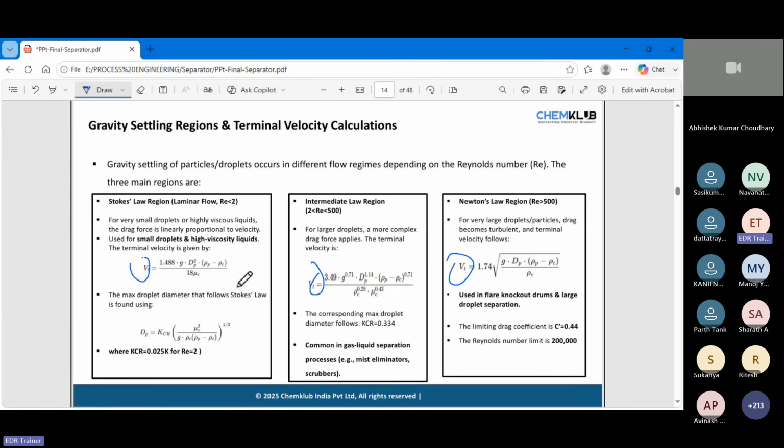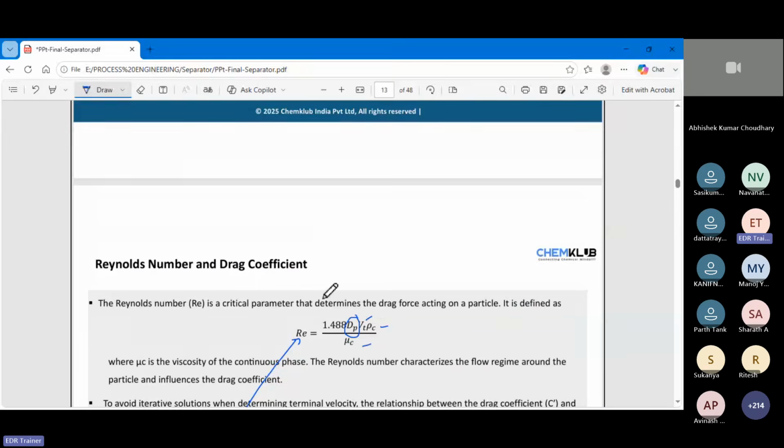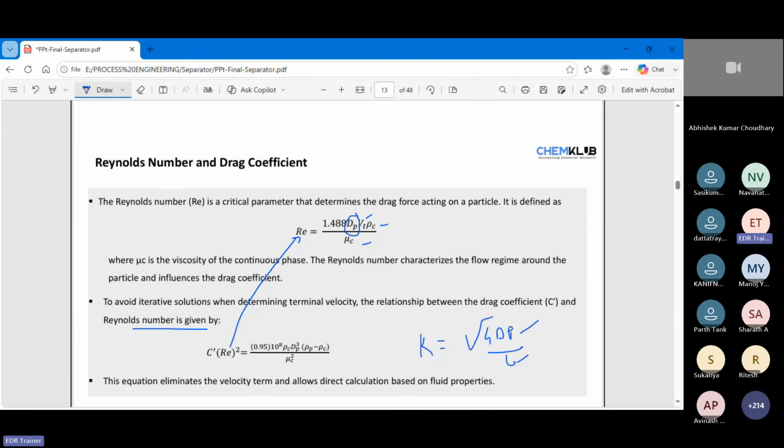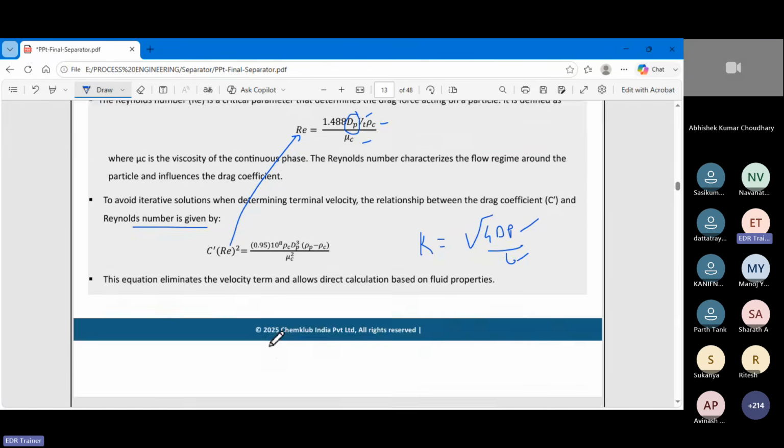Then, if you can calculate the VT, you put the VT over here. With the terminal settling velocity, you need to calculate the diameter of the particle by using these equations, and you need to calculate RE. According to the formulas, if you have the diameter of particles and drag coefficient, you can calculate K easily.